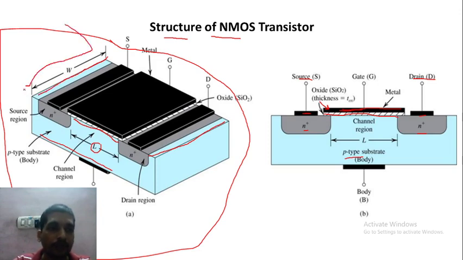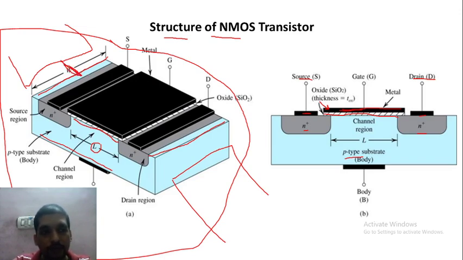One transistor will be on this side, and another transistor will also be on this side onto the wafer, adjacent to this transistor. So we need separation between the two, and they are separated with the help of thick oxide here and here. The purpose of the thick oxide is isolation and insulation, and the thin oxide is grown for making the dielectric for the gate terminal.